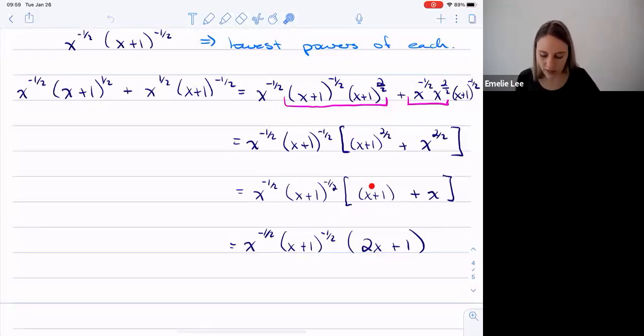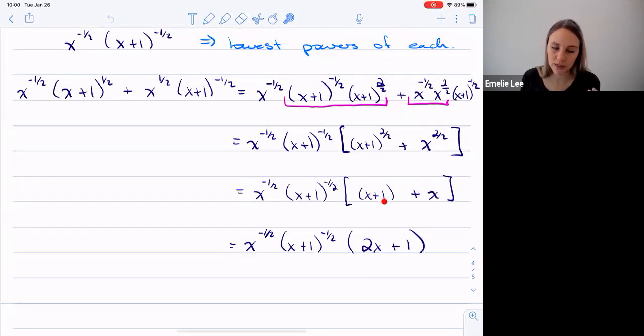Oh, because you've got, okay, so the question was how do you simplify, essentially, I'm paraphrasing, x plus 1 to the 2/2 is x plus 1, right? And then we're adding x to the power of 2/2, but that's just x to the power of 1, right? So now we're not multiplying inside here because we're just adding across. So we've got x plus 1, which doesn't need to be contained inside these brackets anymore.